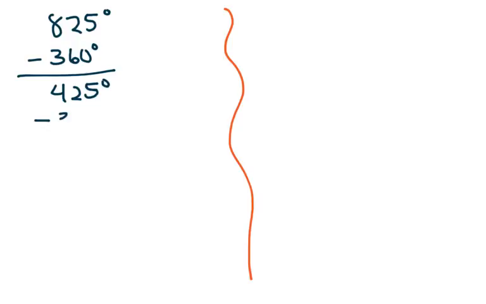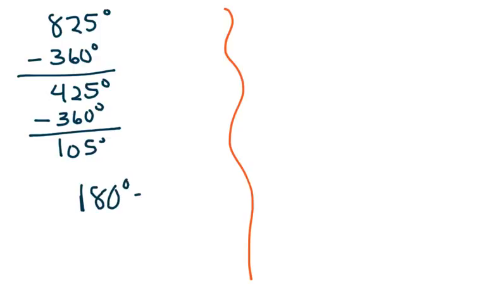So you subtract again, and you get 105 degrees. That lies in quadrant 2. So we're going to take our formula for quadrant 2, which is 180 degrees minus theta. So that's 180 minus 105, which gives us 75 degrees.